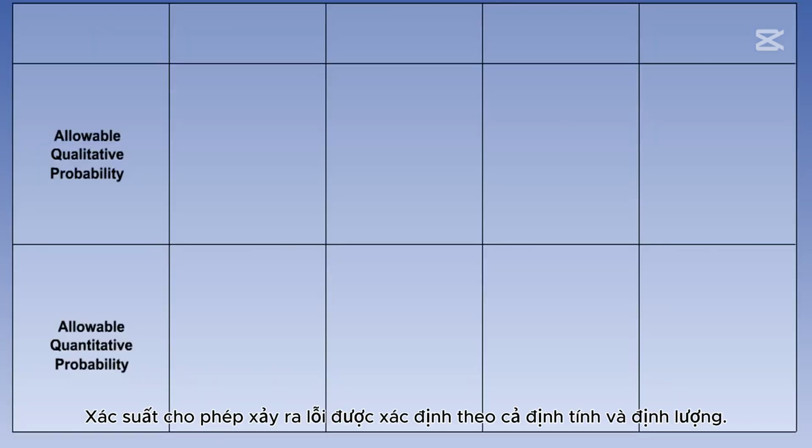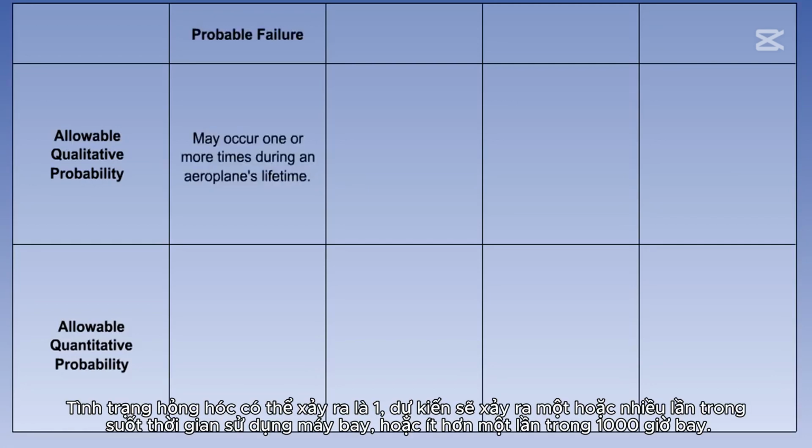The allowable likelihood of a failure occurring is defined in both qualitative and quantitative terms. A probable failure condition is one which is expected to occur one or more times during an aeroplane's lifetime, or less often than once every 1,000 flight hours.